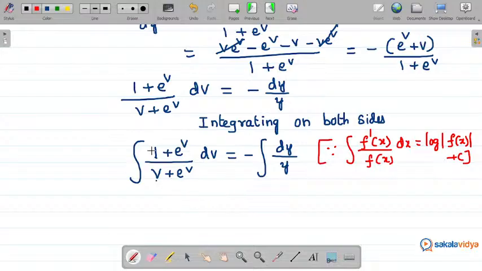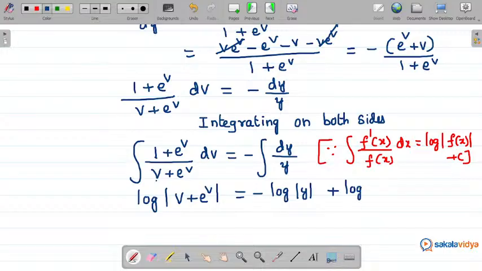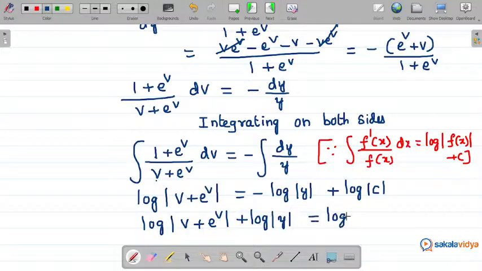So now as 1 plus e power v is the derivative of v plus e power v, this can be written as log mod v plus e power v, minus log mod y, this is plus log mod c, write down. So bring minus log y to the left hand side, then what do we get? log mod v plus e power v plus log mod y equal to log mod c.